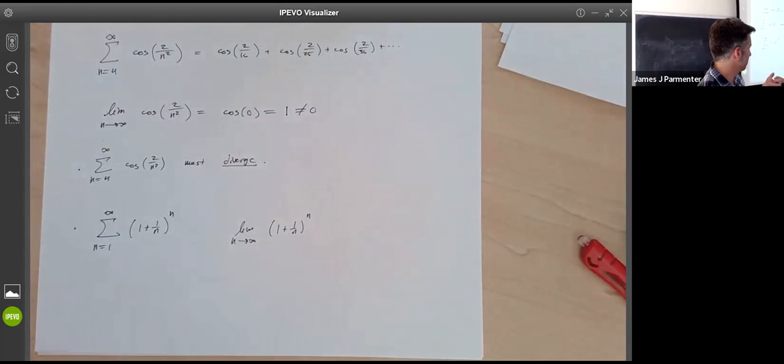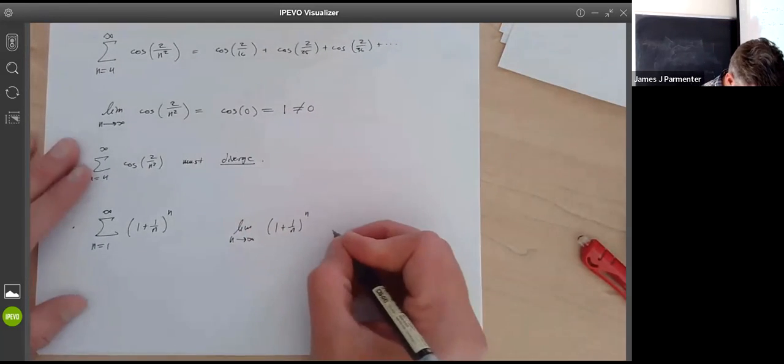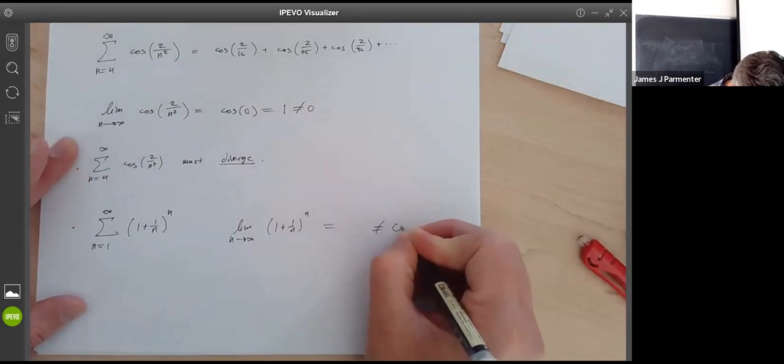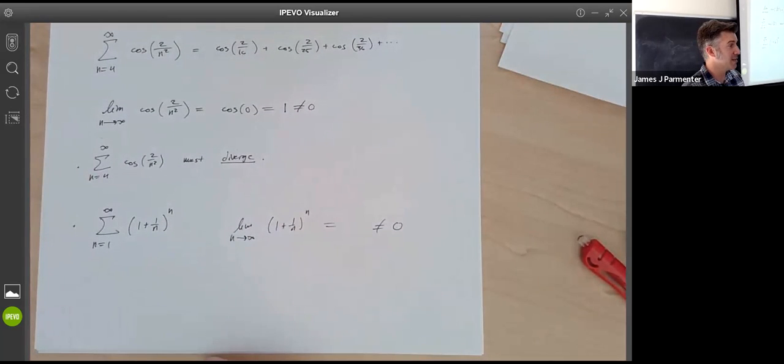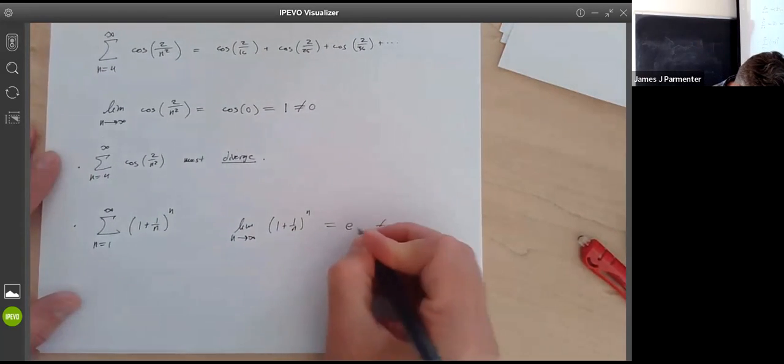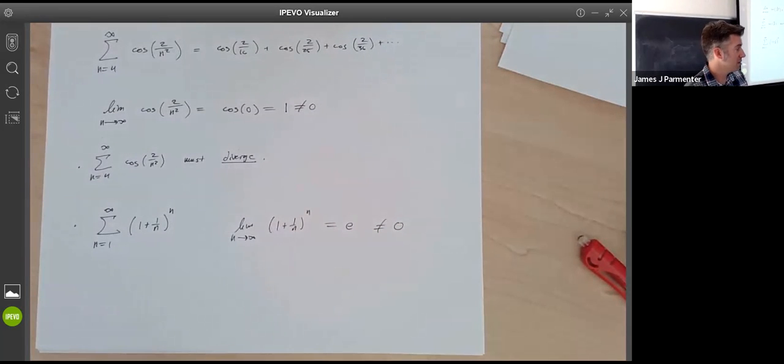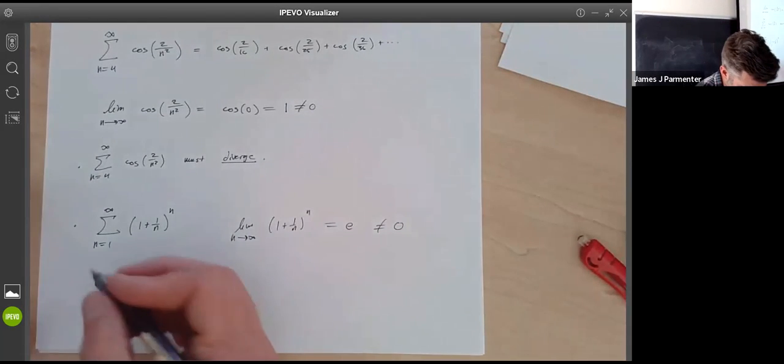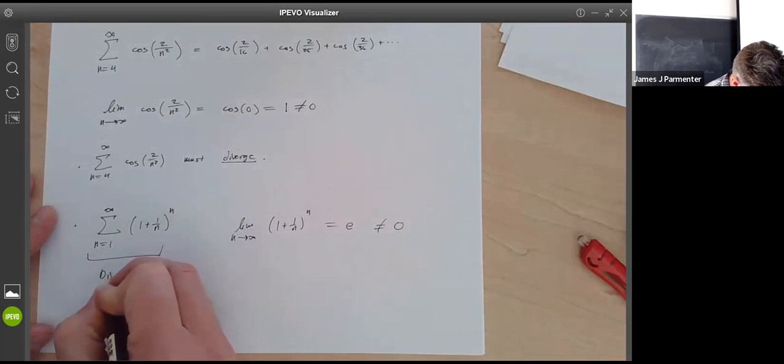I've got something that's greater than 1 being raised to a power that's getting larger and larger and larger. For sure, it's not 0. Although it definitely is a limit we should know. It's e. So since this limit's not 0, great, this diverges.